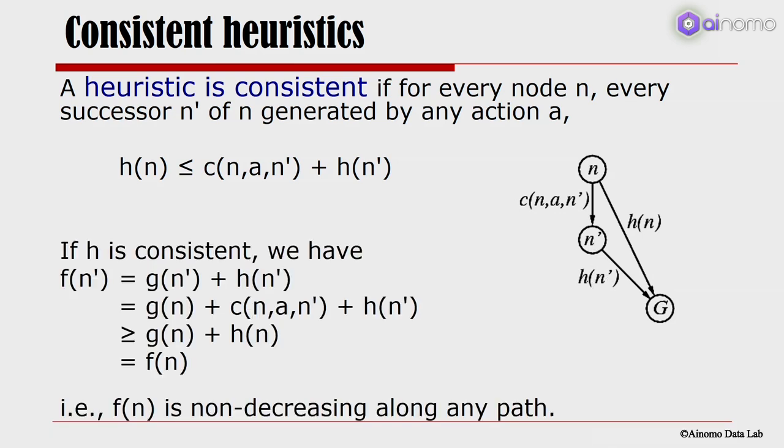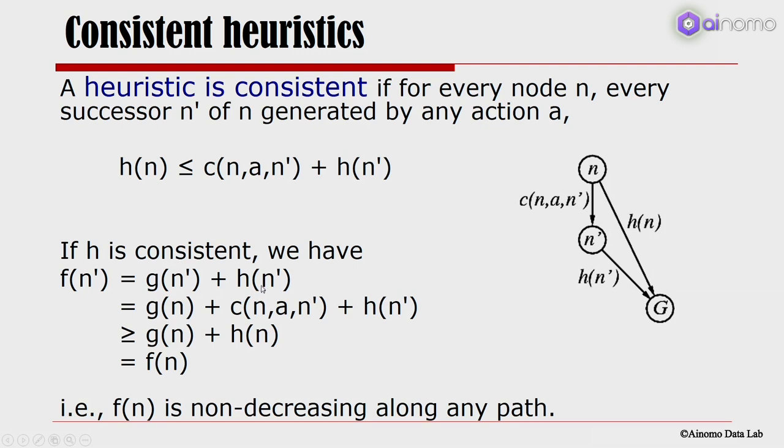If h is consistent, we have the total cost of arriving at the goal from n prime to be the cost of coming to n prime, which is g(n prime), and then the estimate of going from n prime to g, which is h(n prime).